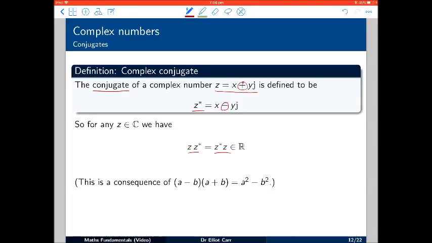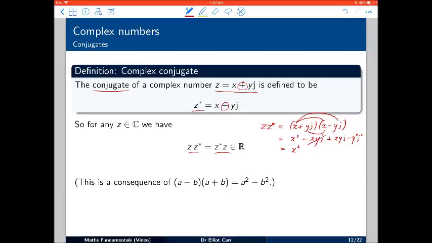To see why, z times z conjugate is equal to x plus yj times x minus yj. I'm going to do my expanding again. x times x is x squared. x times negative yj is negative xyj. yj times x is plus xyj. And yj times negative yj is negative y squared j squared.